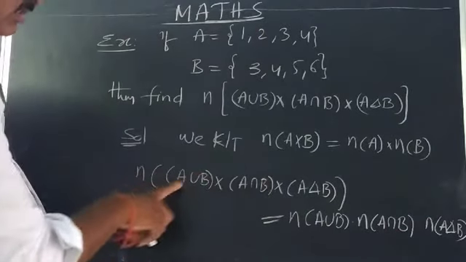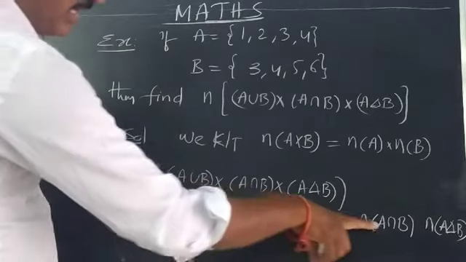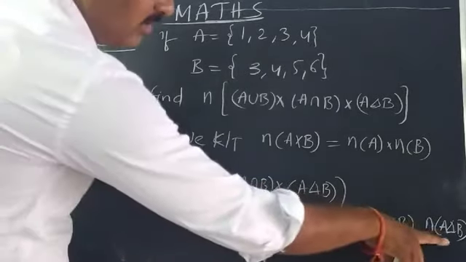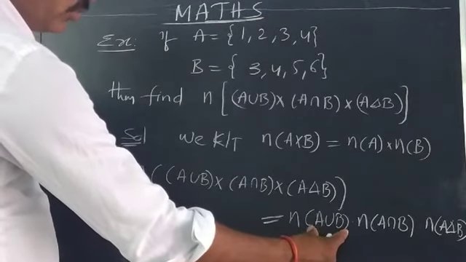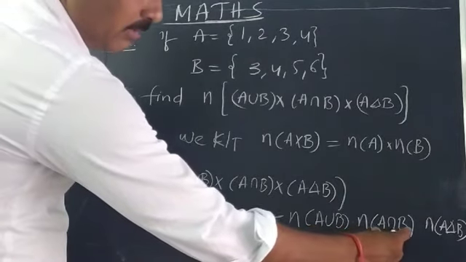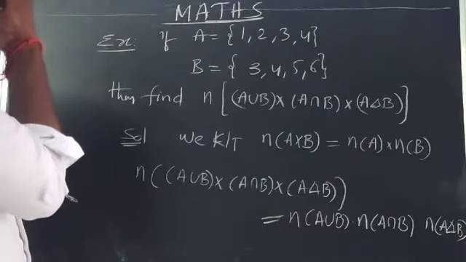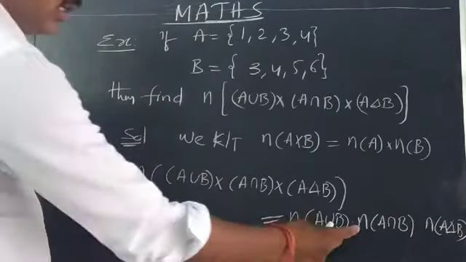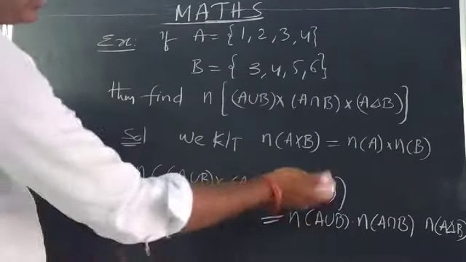So using this condition, I separated the number of elements in each set. Now if you know these three counts, directly you can substitute here and find the product. Automatically you will get the number of elements in this set.